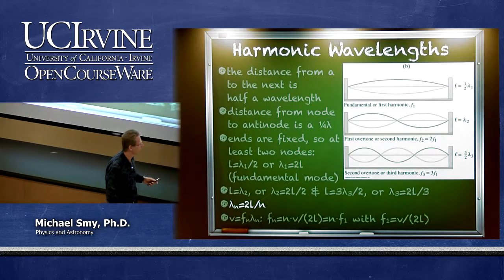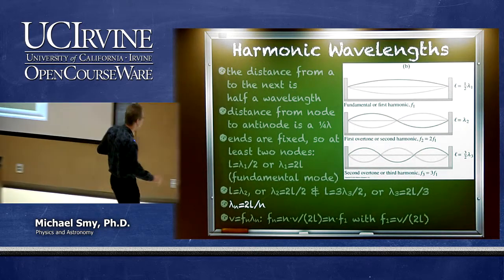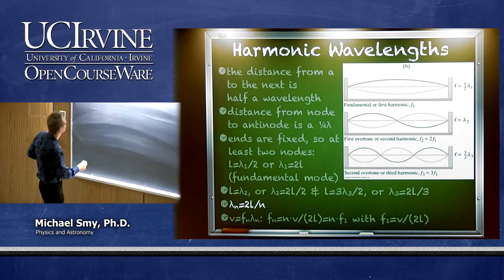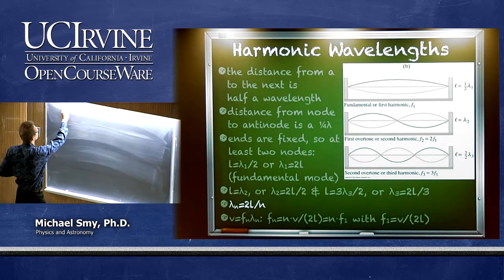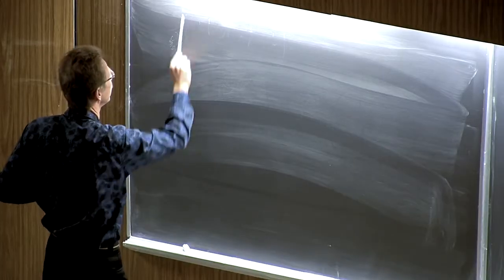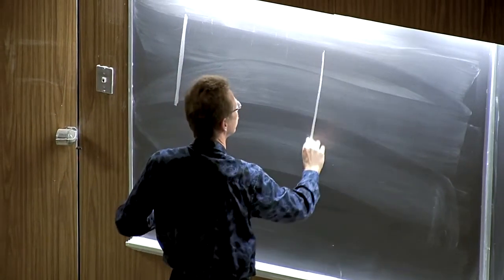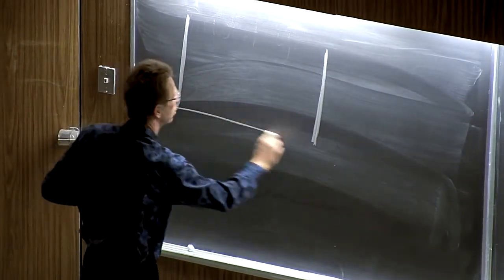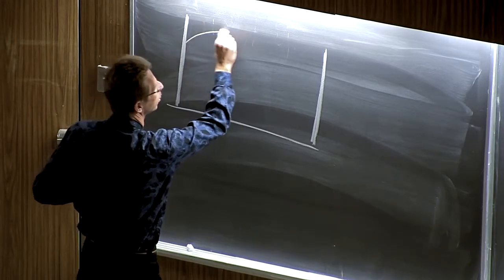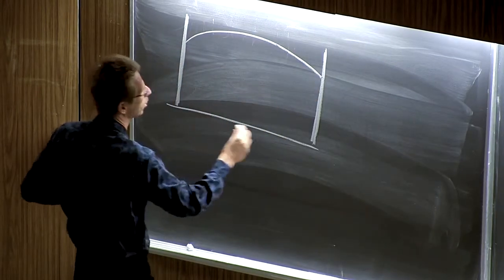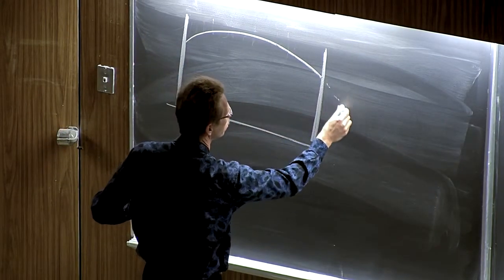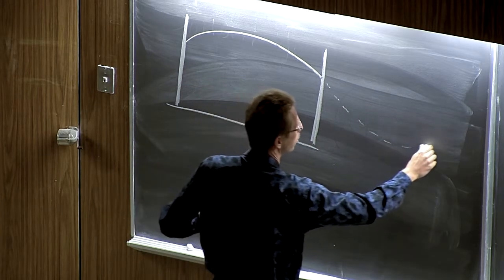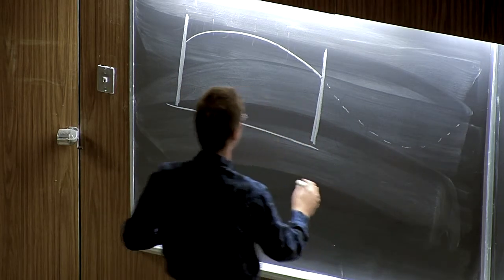And so we sort of have to imagine how the wave would look like outside the area where it's really defined. So if I duplicate this picture here, and we have the fundamental mode here, we imagine that it continues like this.